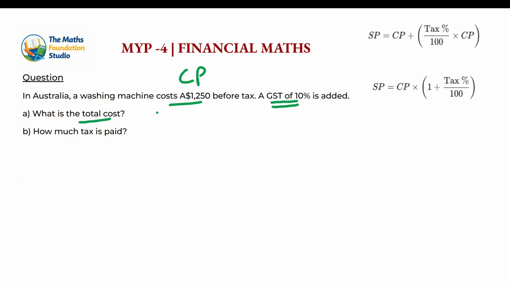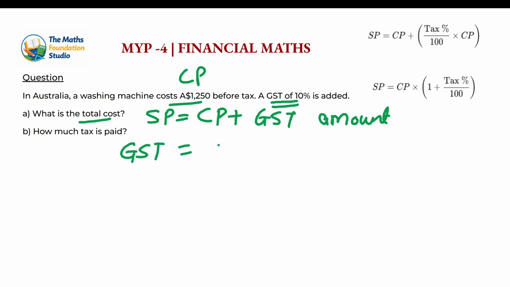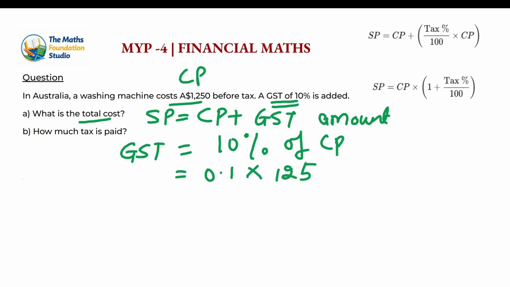Here also we need to find the selling price, which will be cost price plus GST amount. First we need to find the GST. It will be 10% of cost price, that is 0.1 multiplied by 1250, that is 125 Australian dollars.